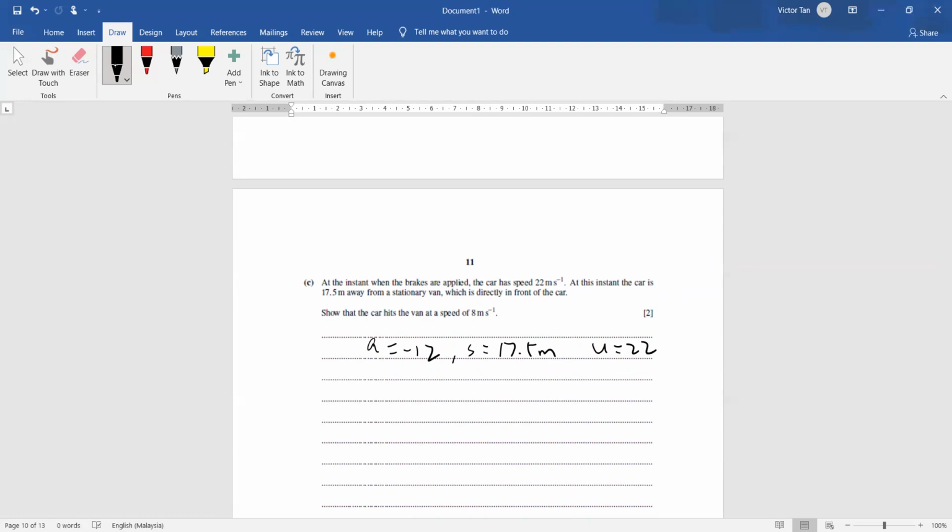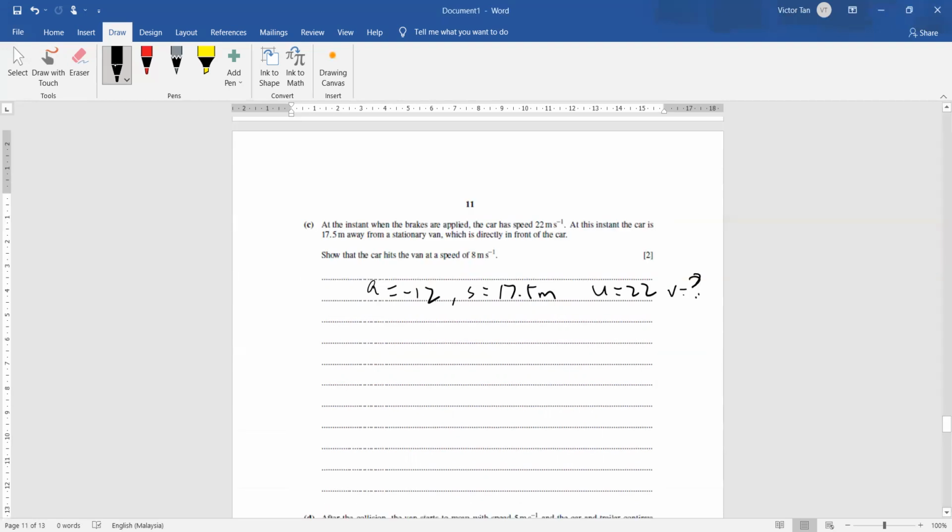You're going to still use the SUVAT formula when you're asked to find V. Okay. So V squared equals U squared plus 2AS, equals 22 squared plus 2.